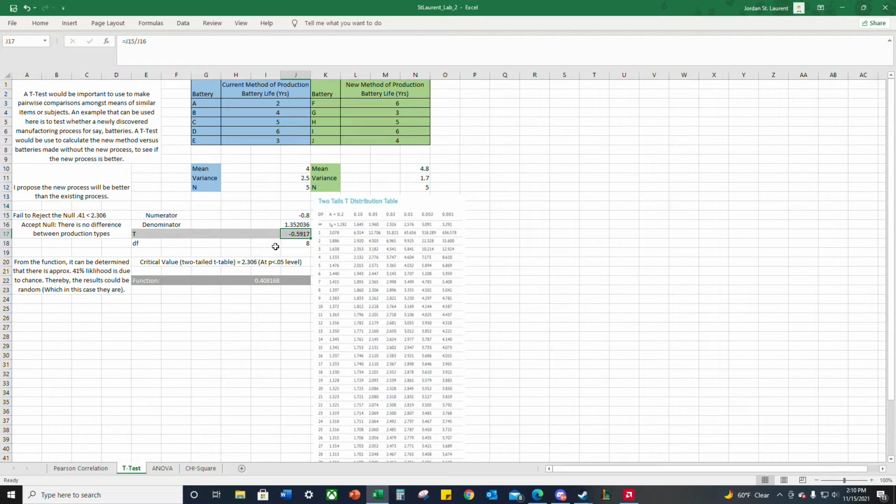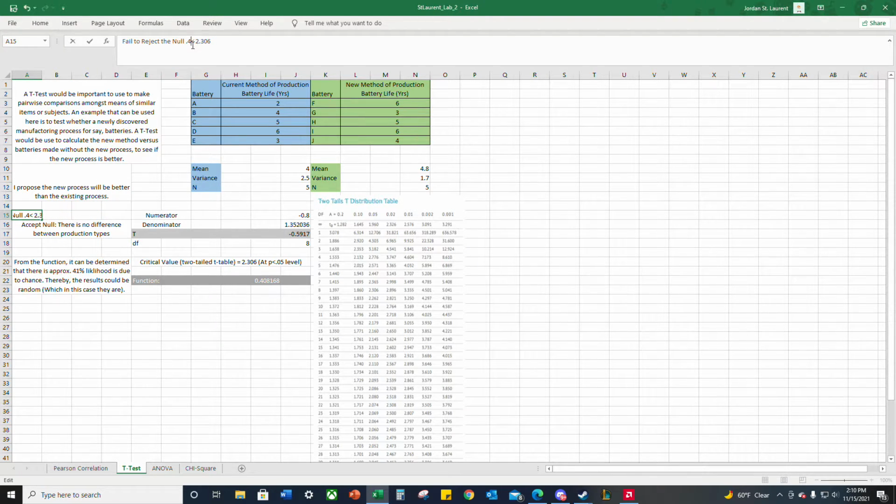So based off of that information alone, I have to fail to reject the null, so we have to accept the null hypothesis that there is no difference between these production types, as 0.41 is significantly less, or excuse me, there's a mistake in the data.